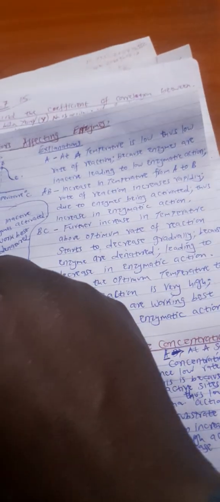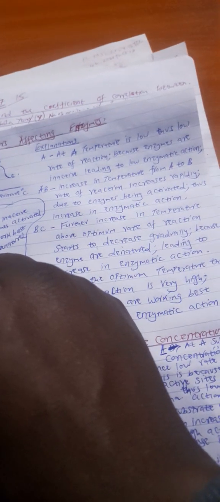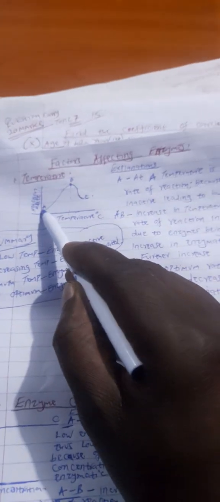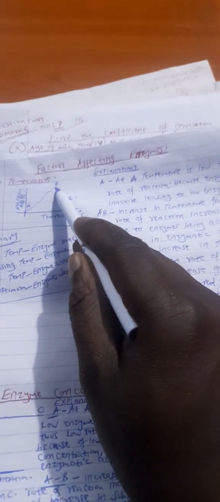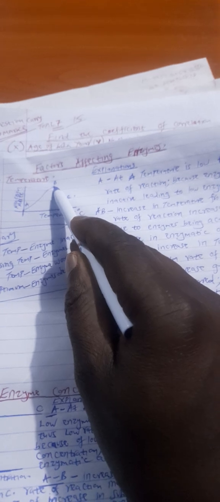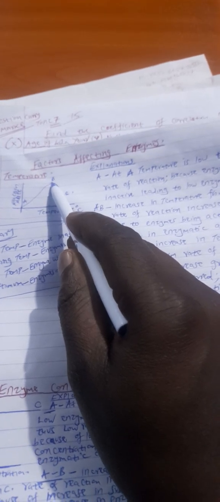Then you may be told to explain the rate from A to B. When you increase your temperature from point A to point B, what happens? The rate of reaction increases rapidly. The main reason is because we're increasing the enzymatic action.